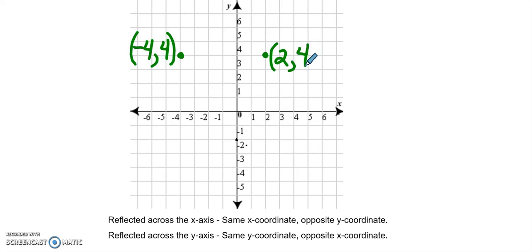I know that these 2 points are exactly horizontal from each other, because they have the same y-coordinate. The y-coordinates are both 4.